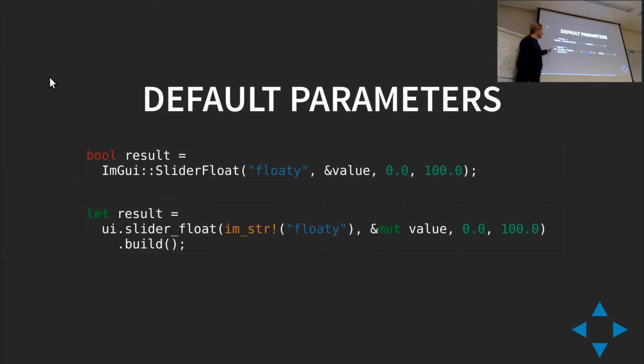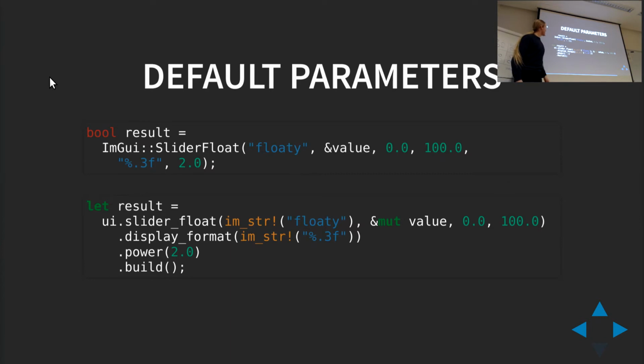But in IMGUI-RS, you do need this extra build thing, which might seem a bit pointless if you don't like this way of doing things. But when you add some default parameters, in C++ you just add them in the end, and it's okay. In Rust, you need to call these builder functions to set the optional parameters.